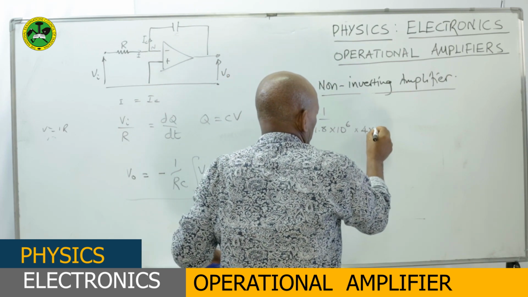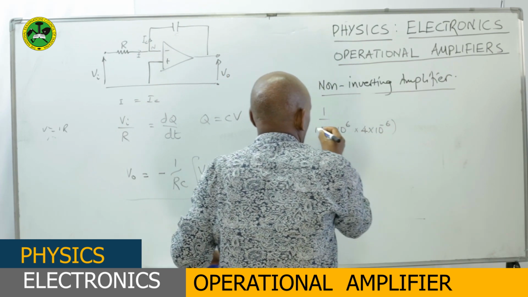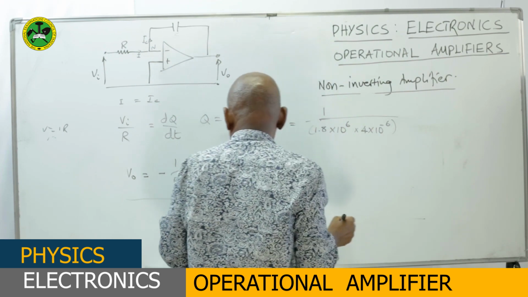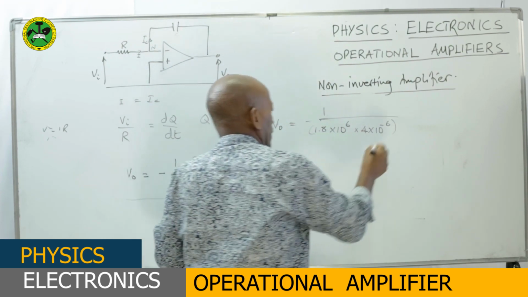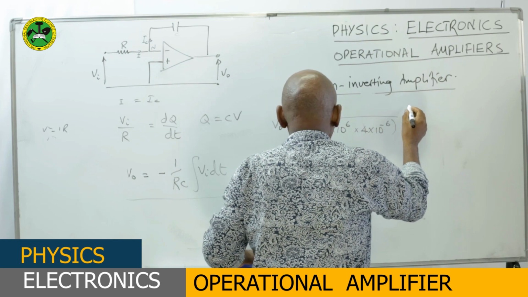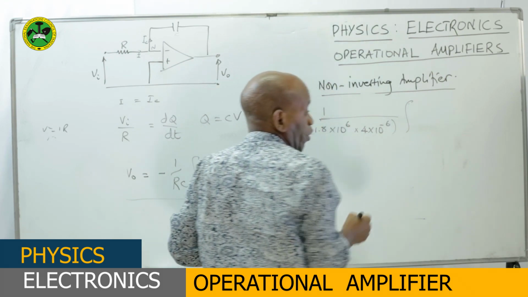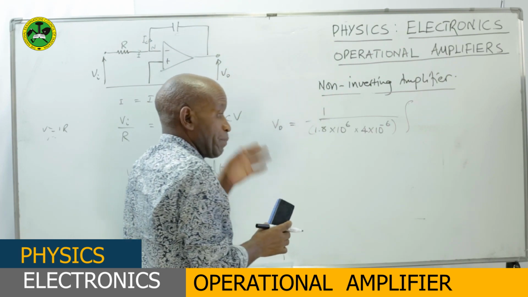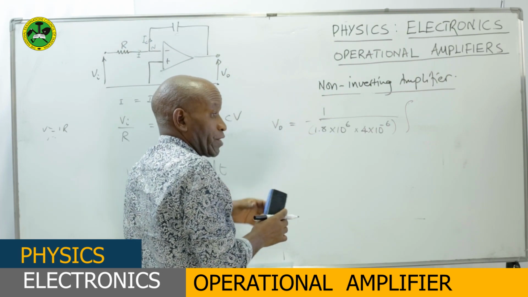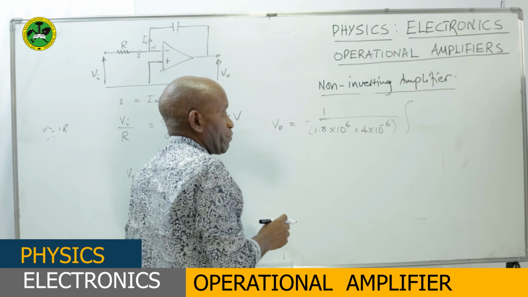So we multiply 4 times 10 to the power minus 6, and then the whole of this, we know what is the VI, the input voltage, which changes suddenly from 0 to 1.5 volts.